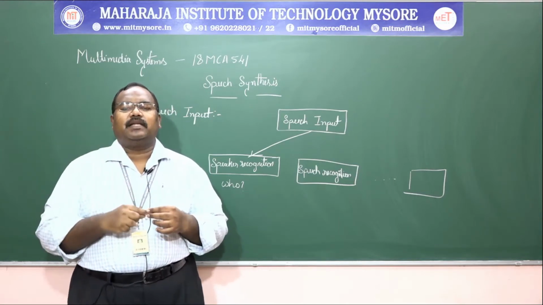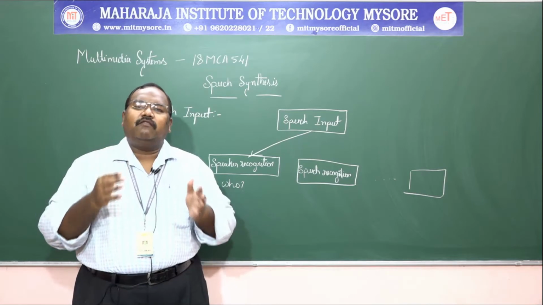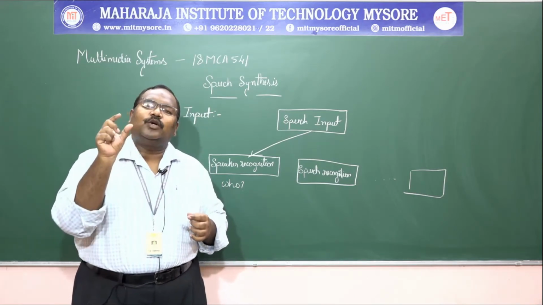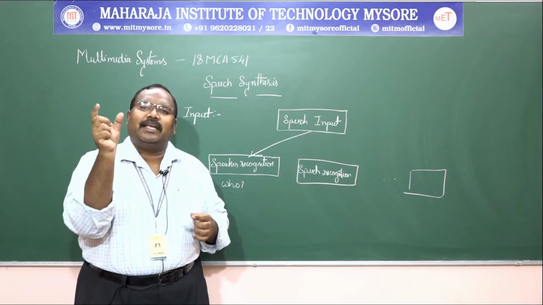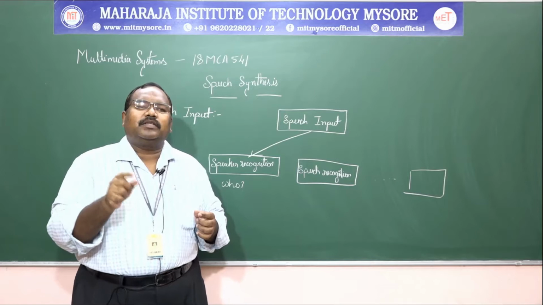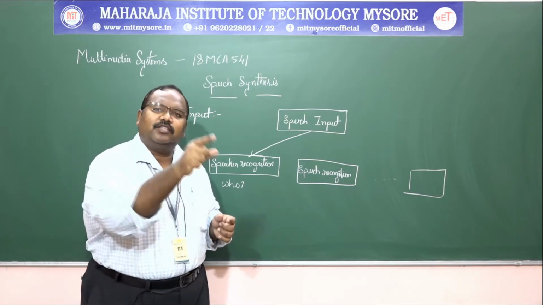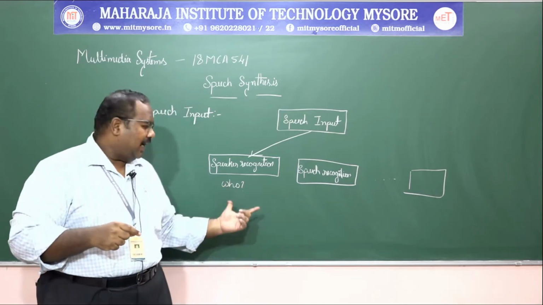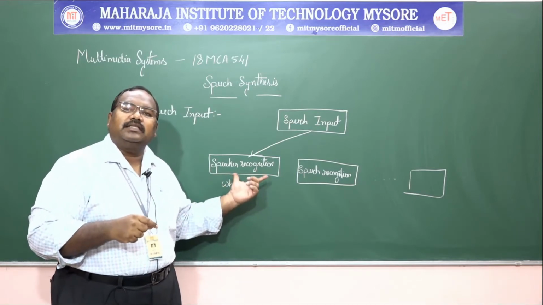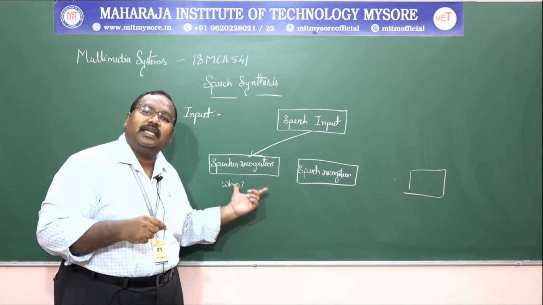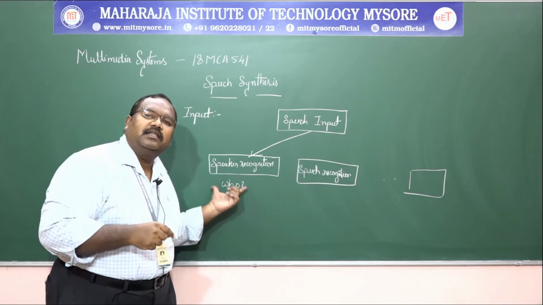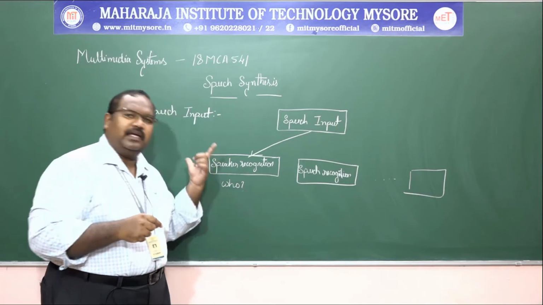One more good example is your parents and relatives. Even if they are not able to say the complete statement, and say it only partially, you are able to recognize and say, oh, you are saying this. How is this happening? Because you recognize that speaker, what the intention is and what he is about to say. This is about who the speaker is. This first part deals with speaker recognition.